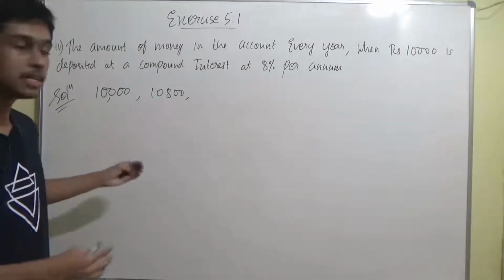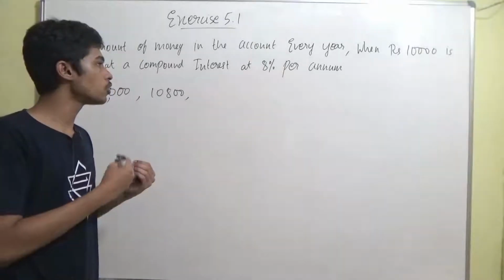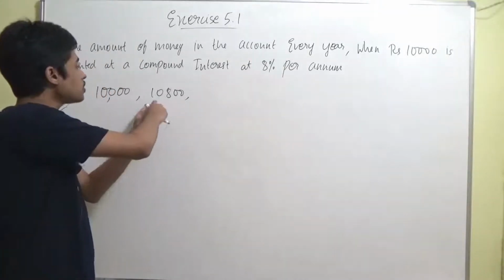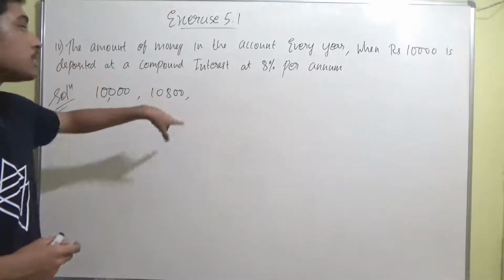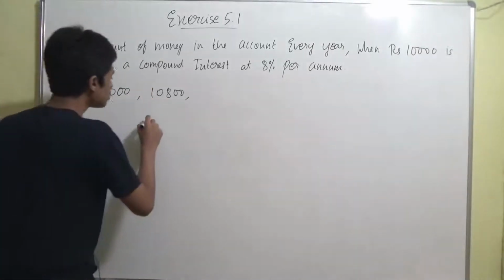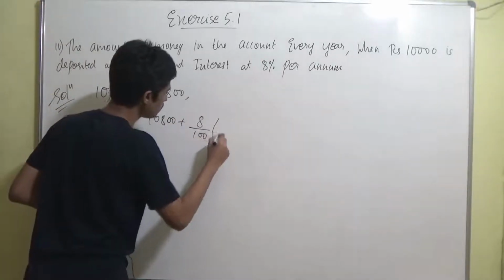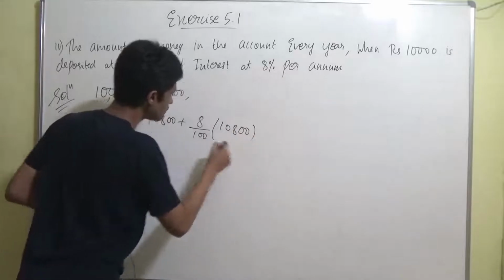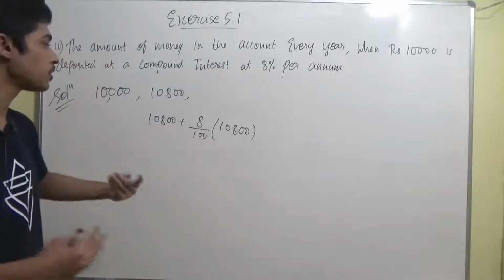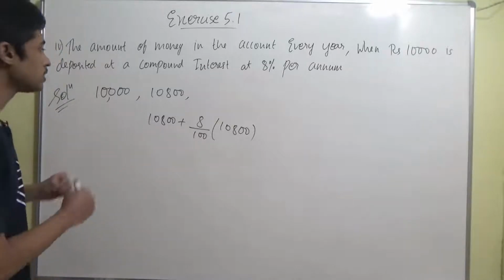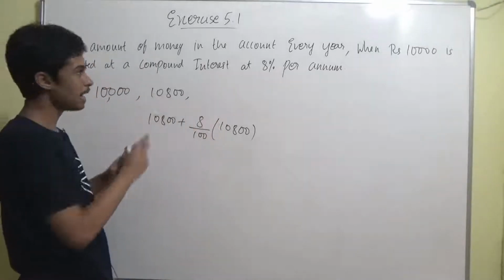Now compounded means that the next year, when the total money is made, it will include 8% of this money. Getting it, guys? 8% of this plus this, then it will become 10,800 plus 8% of 10,800. This is 8%, right, guys? 8% means 8 by 100 into this money, plus this thing is going to give you the third year's bank balance, right?